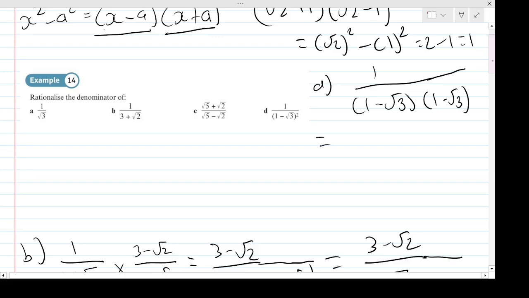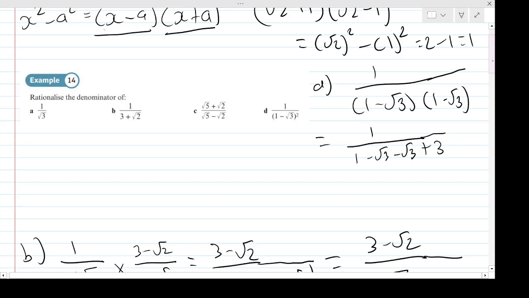So if I expand that out, I'm going to have 1 over, and again then, 1 times 1 is 1. 1 times minus root 3 is just minus root 3. Minus root 3 times 1 is minus root 3. Minus root 3 times minus root 3, that'd be plus 3, okay? Make sure you don't forget that.